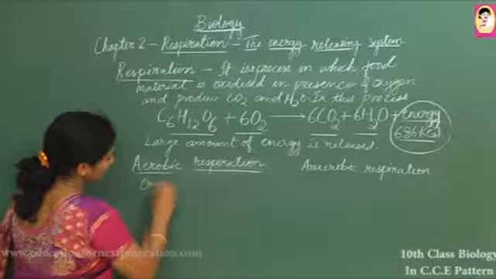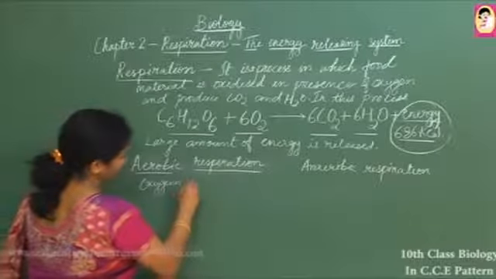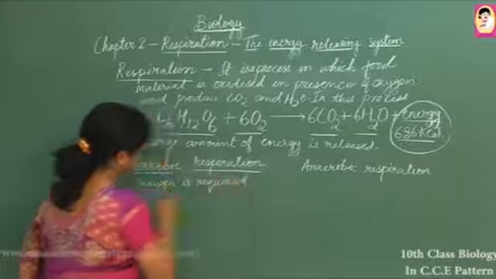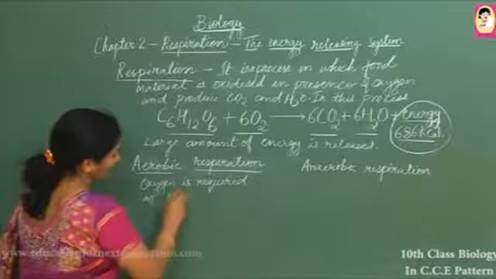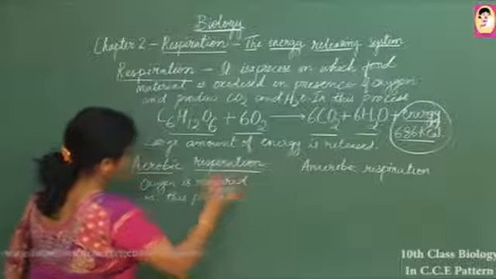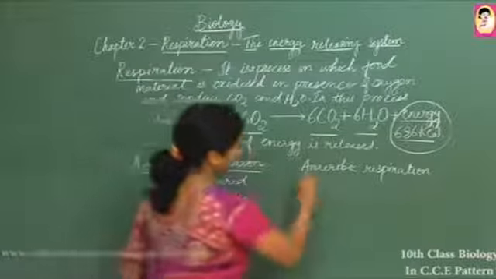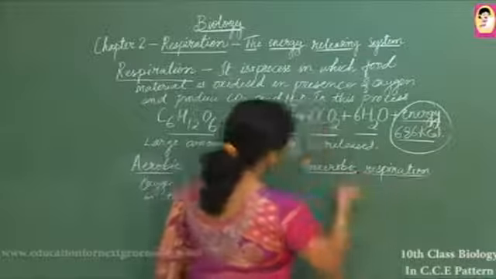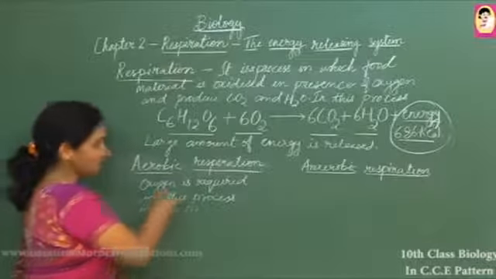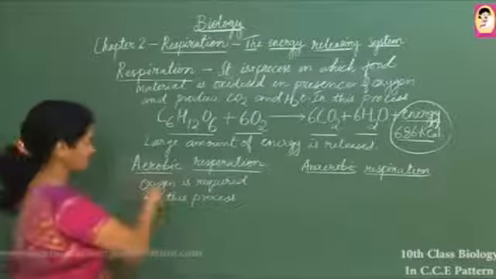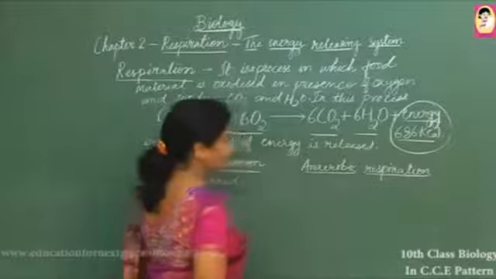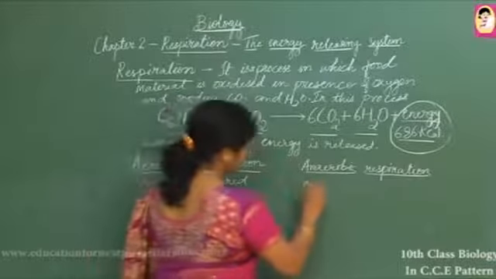So oxygen is required in this process. Another process we call anaerobic respiration. In some living organisms, aerobic oxidation of food material takes place, which we call aerobic respiration, and in others anaerobic respiration takes place without oxygen.